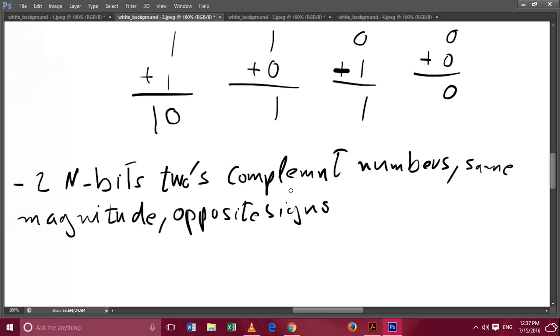What I'm trying to say is, if we add -5 and +5 in an n-bit two's complement binary representation, we are supposed to get 0. So let's put this assumption to the test.